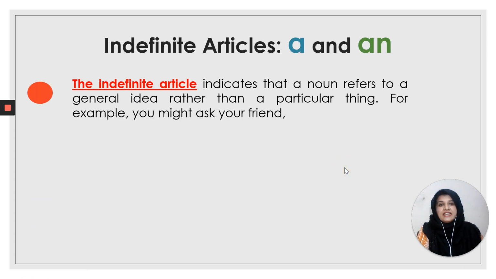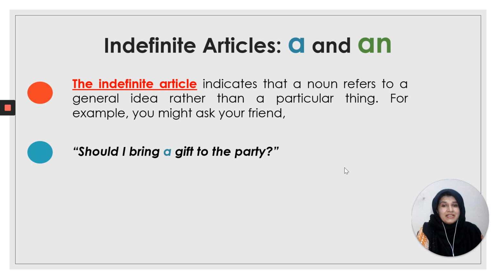Indefinite articles a and an. The indefinite article indicates that a noun refers to a general idea rather than a particular thing. For example, you might ask your friend, should I bring a gift to the party? It means that you are talking about any gift. आपके और आपके दोस्त के दरमियान कोई डिसाइड नहीं हुआ कि कोई स्पेसिफिक गिफ्ट होगा.